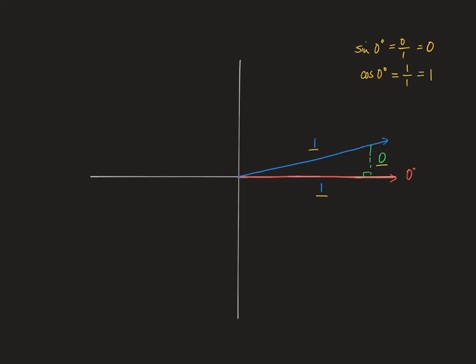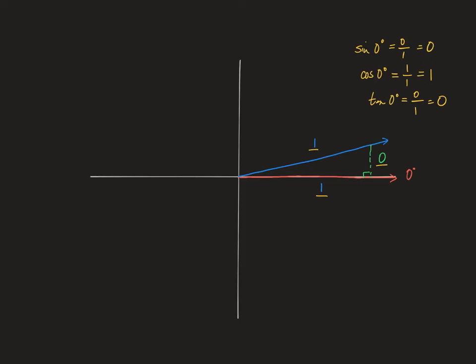Confirm that ratio on your calculator. That one might have surprised us, the fact that we got a value of 1 for cos when we had a 0 degree angle. Lastly, calculate the tan of 0, and that would be opposite over adjacent, and that gives us 0 as well.